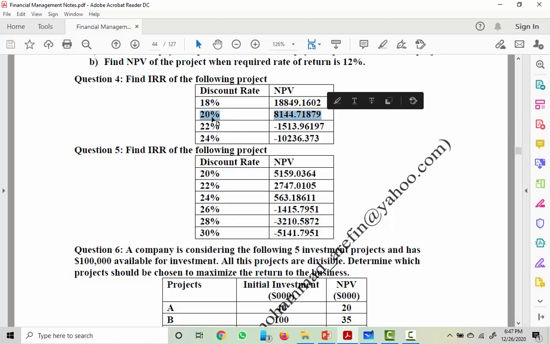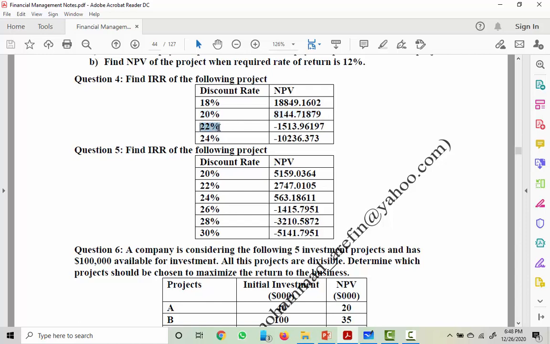Always remember, if you use a higher discount rate, present value will be lower, so net present value should also be lower. When it was 18%, net present value was 18,849. When we use a 20% discount rate, net present value reduced to 8,144.